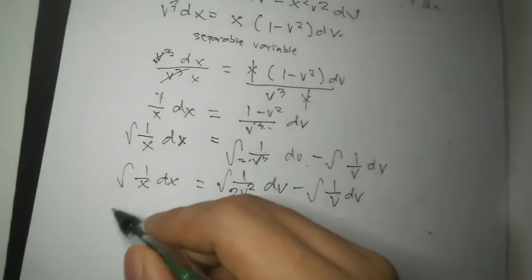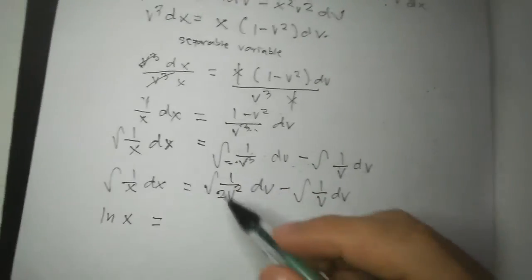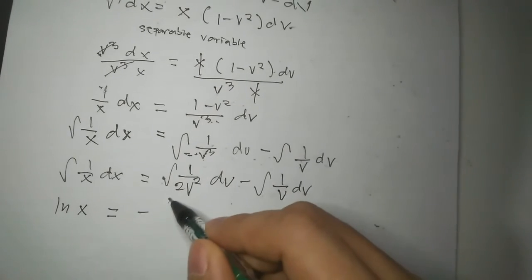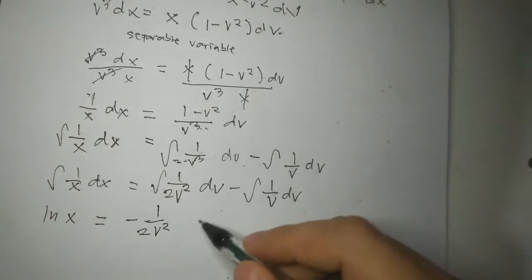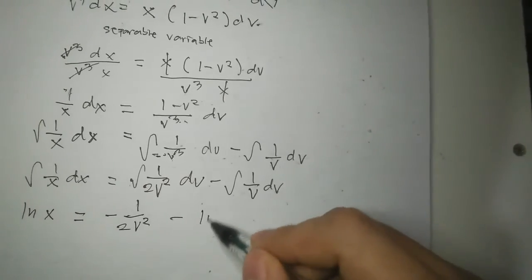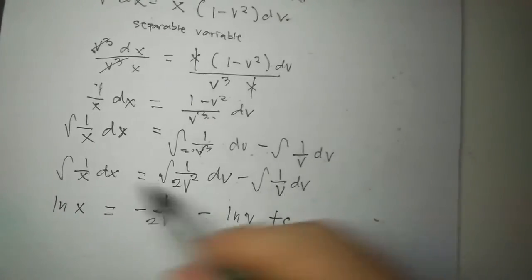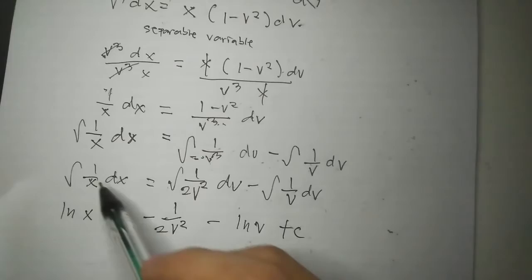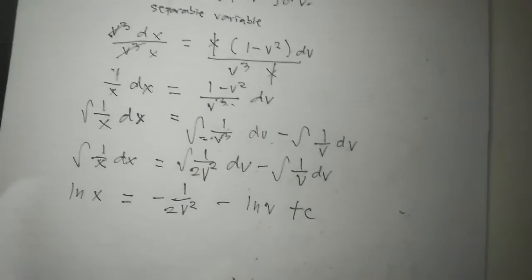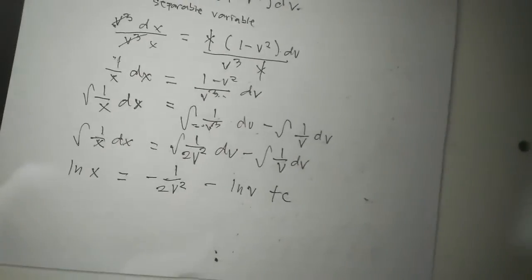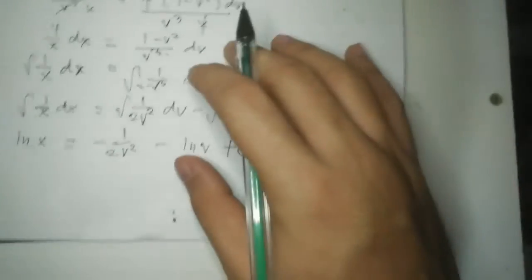So this will become ln x is equal to negative 1 over 2v squared minus ln v plus c, since 1 over the variable will become ln in integration.